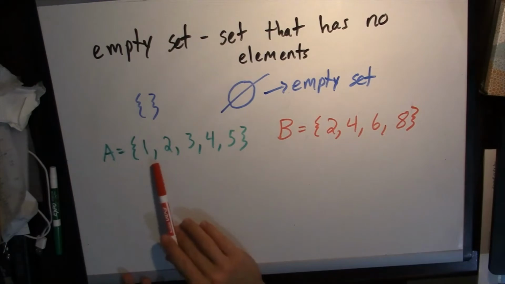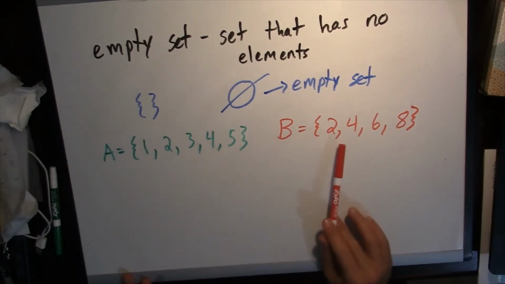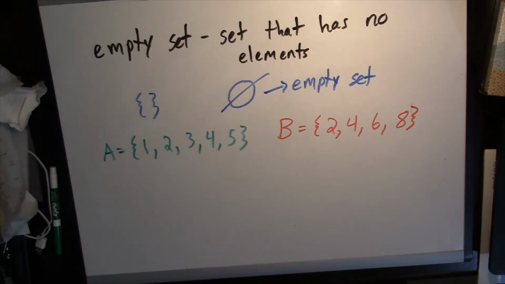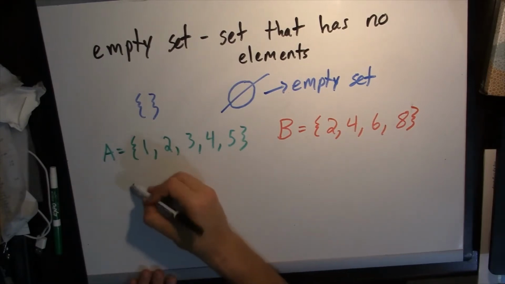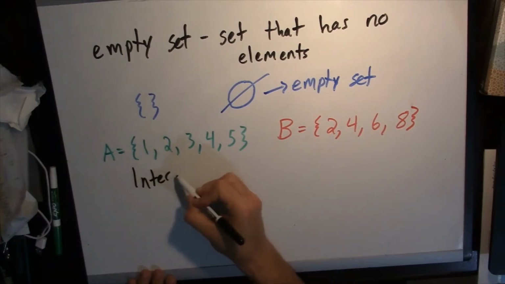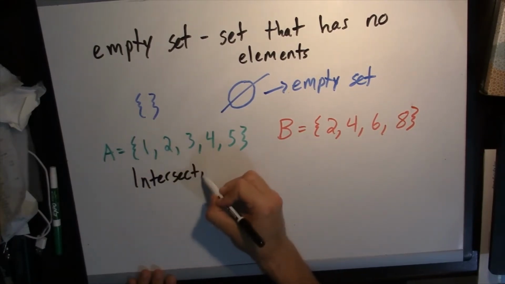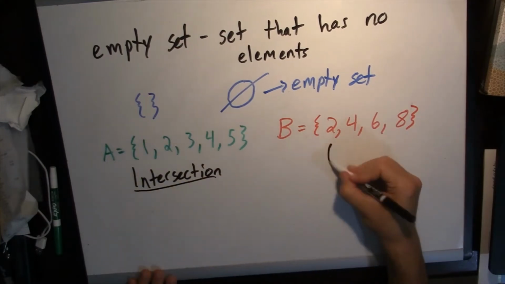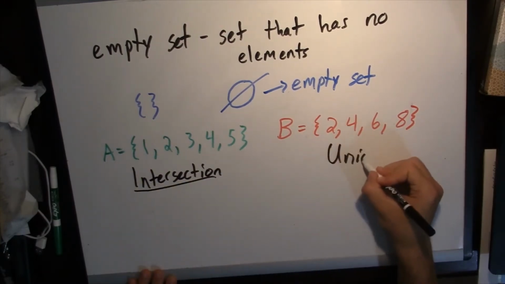One is the set 1, 2, 3, 4, 5. B is the set 2, 4, 6, 8. Now what we're going to be talking about are different operations that we can use with sets. The first two we're going to talk about are intersection and union.